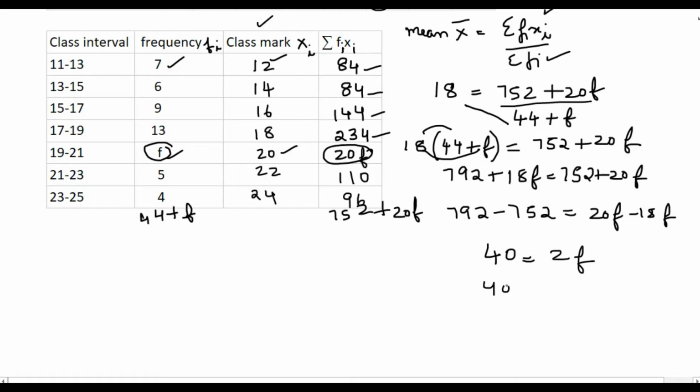So 40 is equal to 2f, or f is equal to 40 divided by 2. So the value of missing frequency is 20. So here they have given mean as 18. So you are going to substitute mean as 18, write the mean formula and substitute, and then cross multiply and find out the value of f.